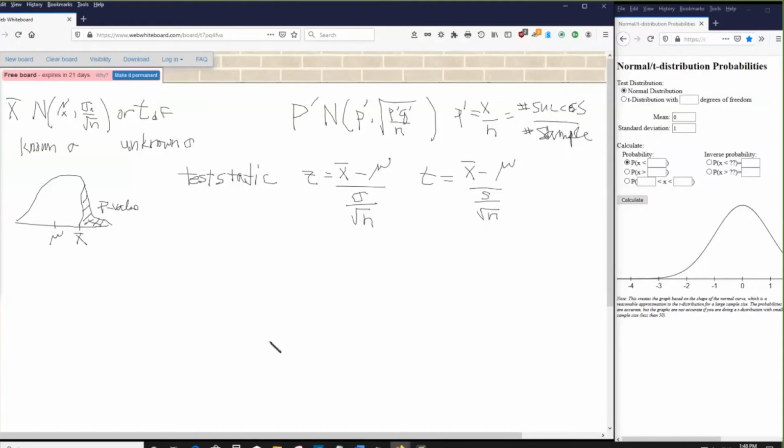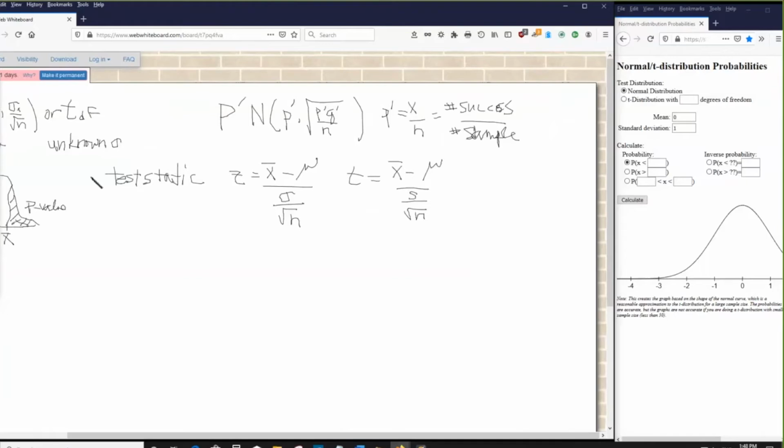Now, if you remember from Module 6, when we were first introduced to z-scores, the z-score is an x value minus the mean divided by the standard deviation.